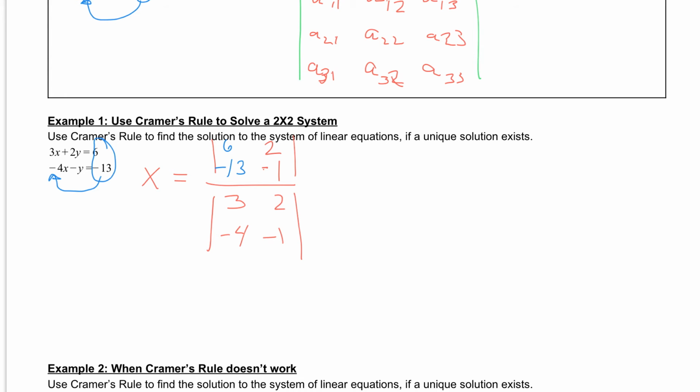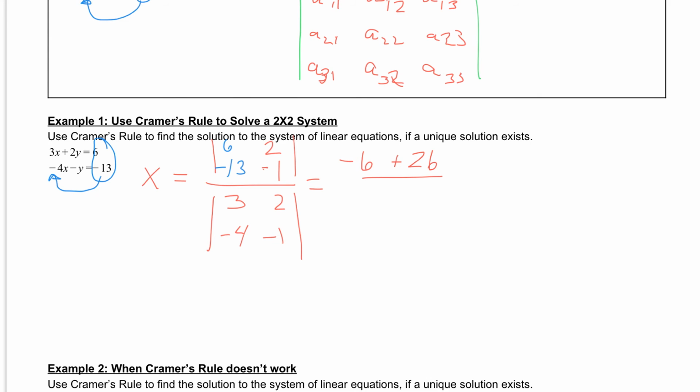And what I'm doing is I'm just finding that determinant. So to find the determinant of the top, I'm taking 6 times -1, which is -6, minus, then I'm taking -13 times 2, which is -26. So I'm subtracting a negative, which will make that a positive 26.